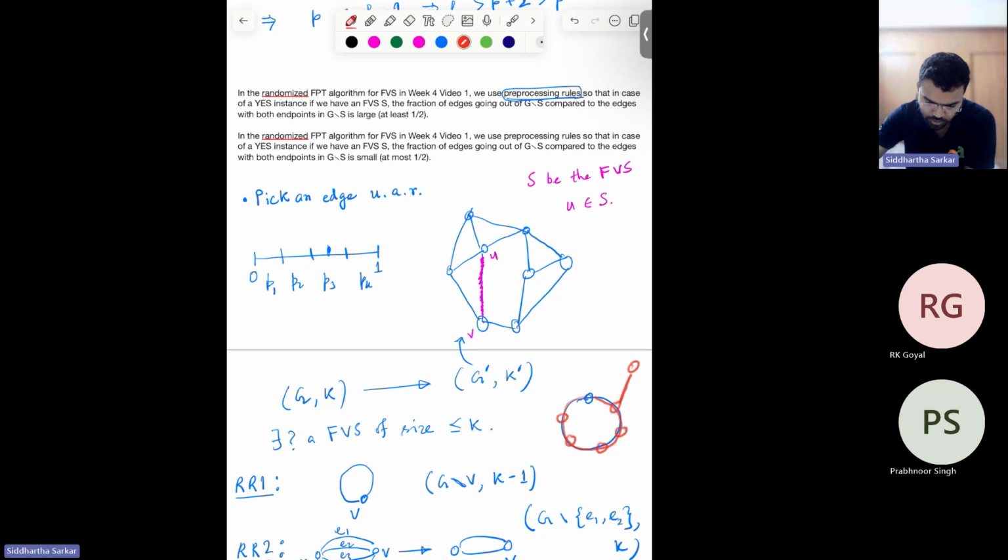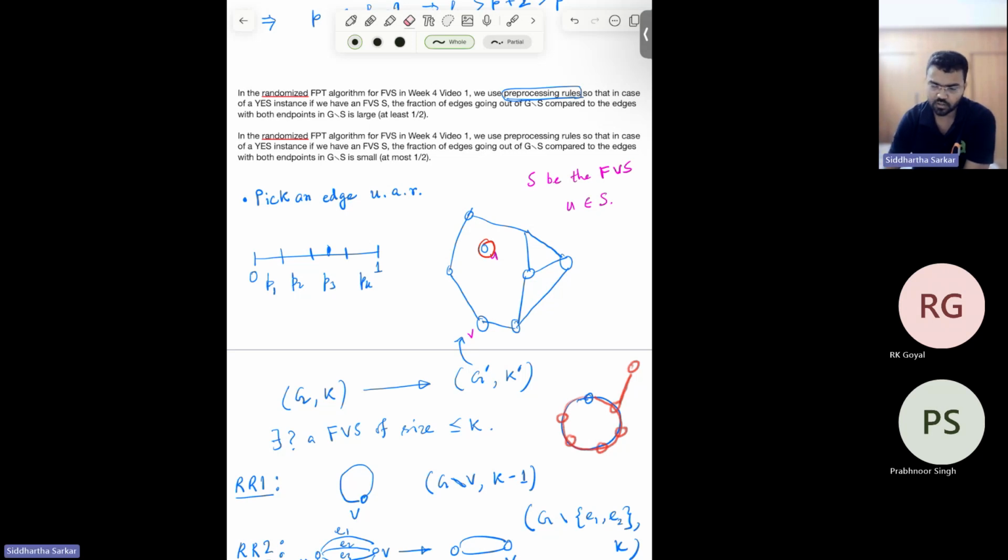If I pick U, for example, then all these edges which are incident to U will get deleted. So I will get rid of many cycles already. And then I will repeat the experiment. And whenever I see that all the cycles are deleted, I will return that as a feedback vertex set. So that is the description of the algorithm.